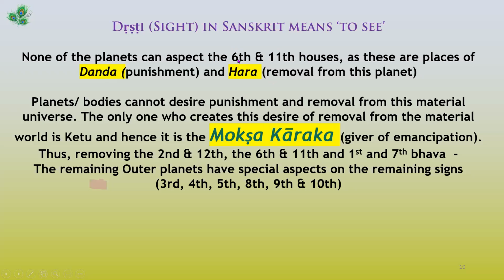The 6th house will smash you, kick you and punish you. The 11th house won't be that kind as the 6th house. The 11th house will absolutely smash you to pulp.